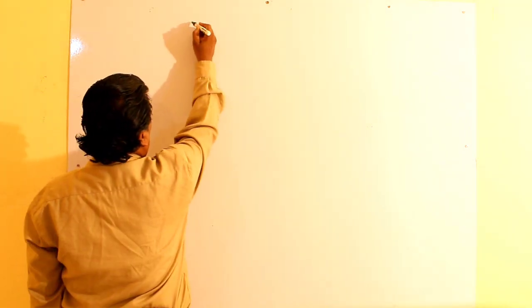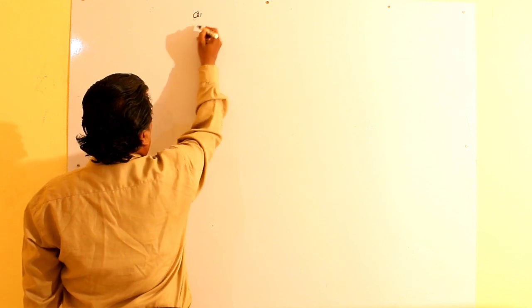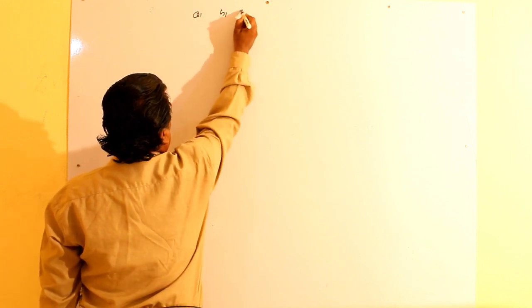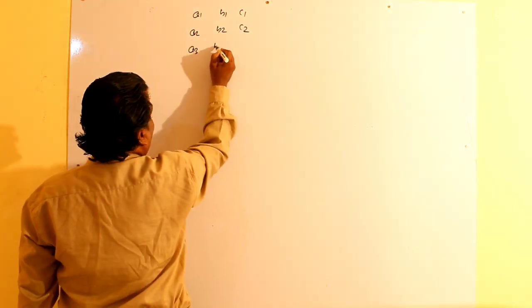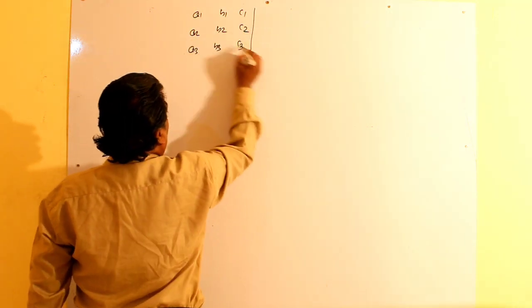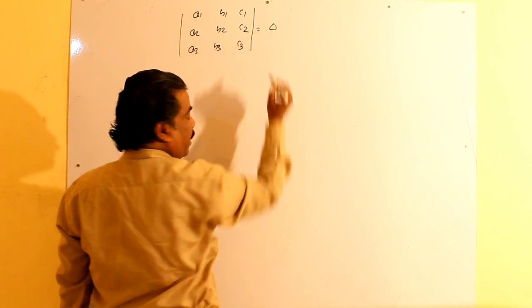Suppose, as for example, a determinant is A1, B1, C1, A2, B2, C2, A3, B3, C3. Suppose the value is equal to delta.